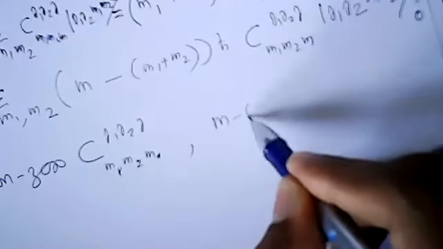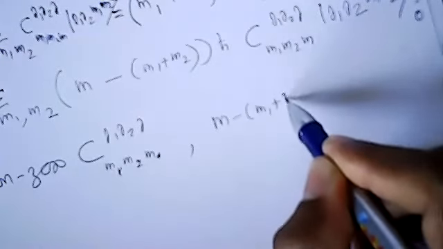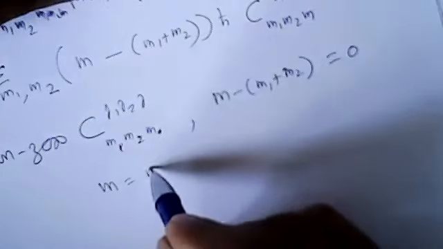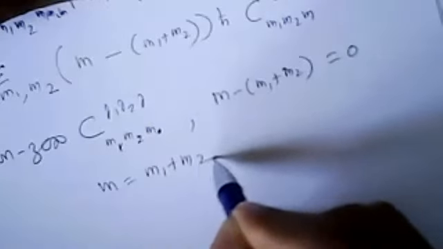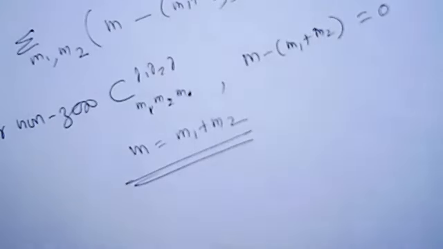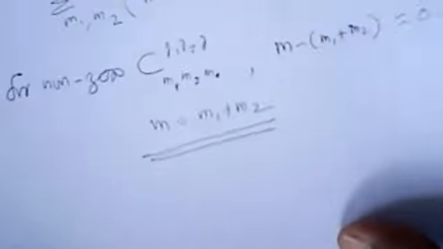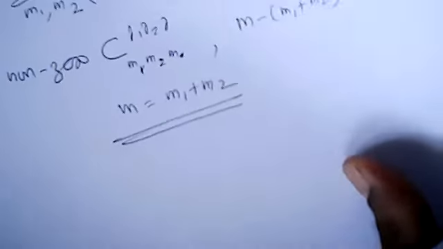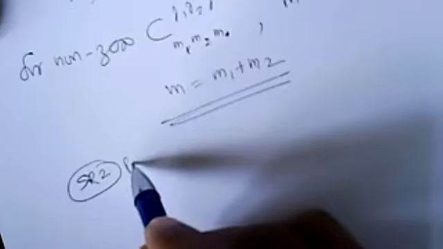M minus M1 plus M2 should be 0. Okay. So which means M equal to M1 plus M2. So that is the first selection rule. Okay. Is that clear? Is that clear?